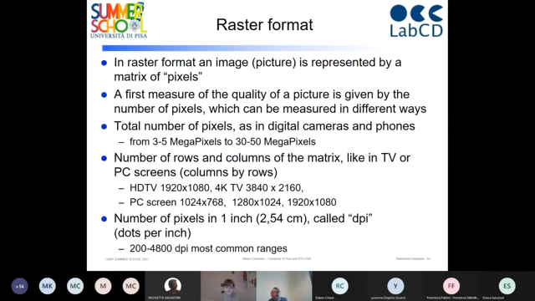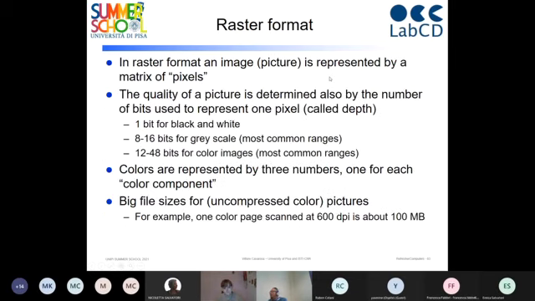The other question that you should pose is, okay, now I know how many pixels I have in a picture, but how many bits do I need in order to represent a pixel? Because we have seen before that the more bits you have, the bigger number you can use. And therefore, really, the question is, how many levels of color do I want to represent?